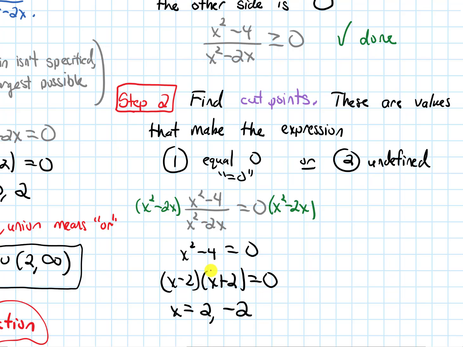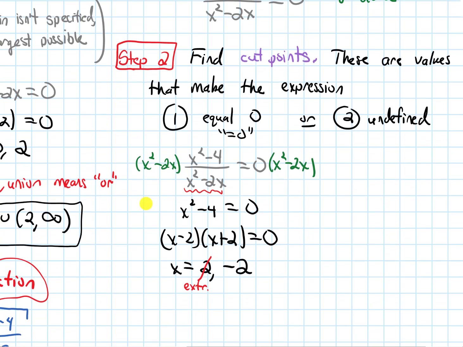We could even do this in our heads, but if you take 2 and plug it into the denominator, you're going to get 0. That means 2 is actually extraneous, so we have to be careful. Negative 2 is just fine. If you plug that into the denominator, it doesn't make it 0. Alrighty, so when is this whole expression equal to 0? Well, it happens when x is negative 2.